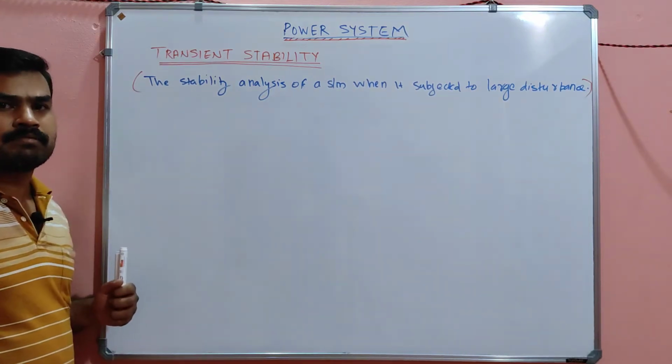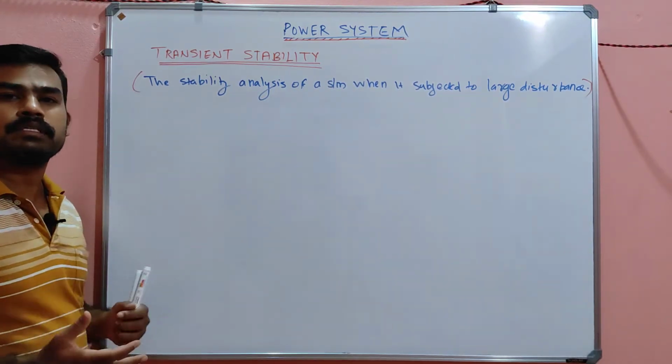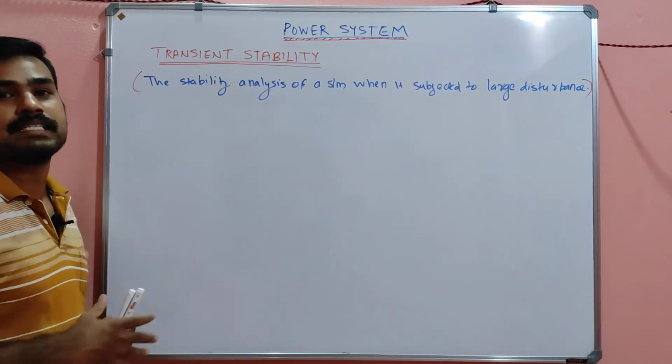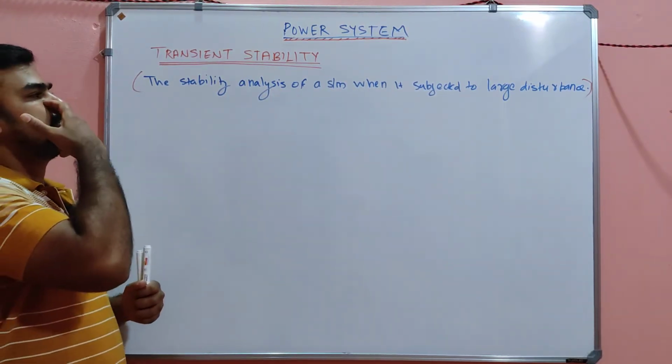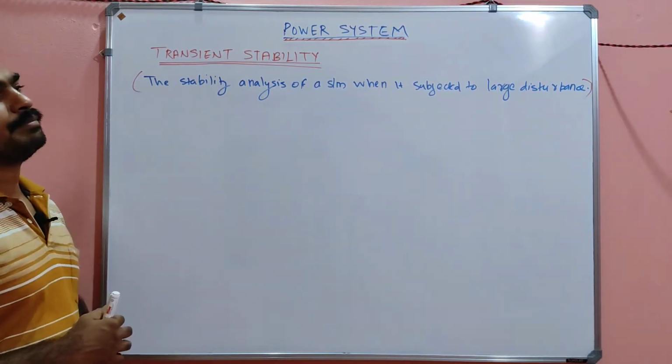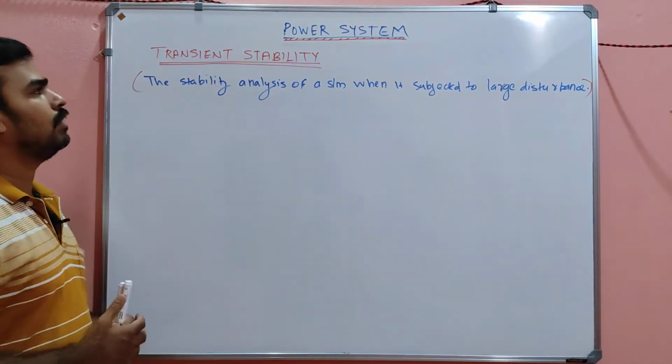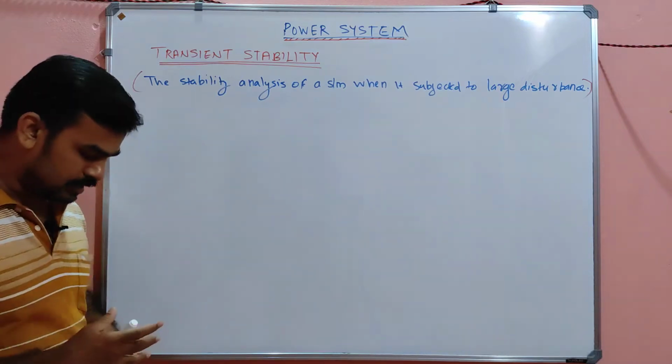The magnitude of the large disturbance, its impact, will be very high compared to the steady state disturbance. So the stability analysis of a system when it is subjected to a large disturbance is called transient stability analysis.